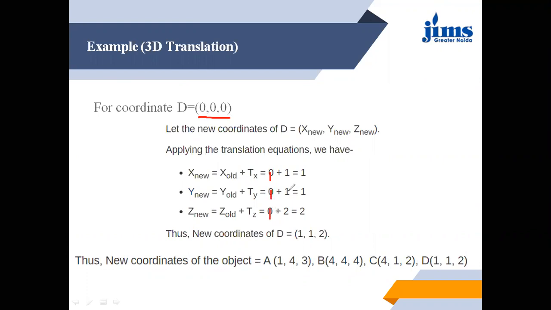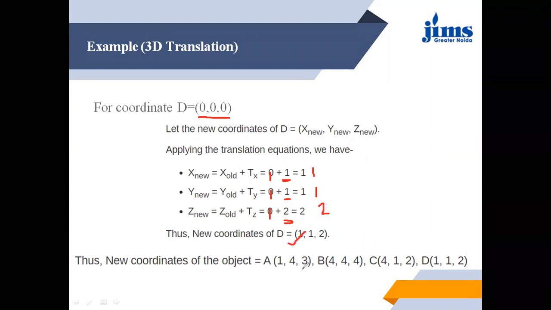We perform the translation of 1 on the x-axis, 1 on the y-axis, and 2 on the z-axis. So 0 plus 1 is 1, 0 plus 1 is 1, and 0 plus 2 is 2. These are the new coordinates corresponding to point D.